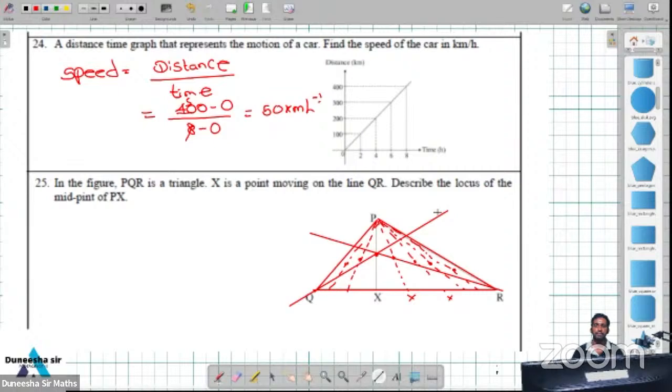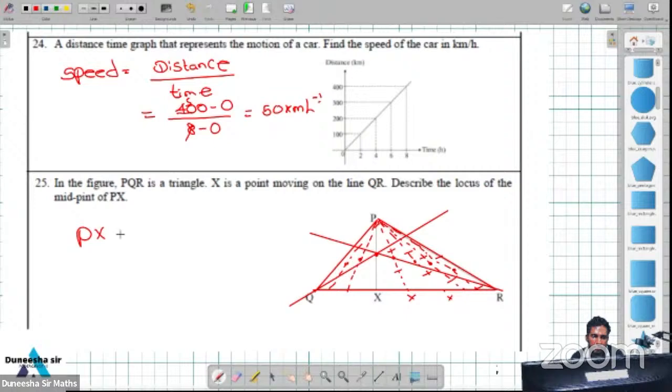The midpoint goes through like this. Midpoints. What is it? Angle bisectors. Then these are at equal distance. Okay. Then the midpoint. What is the locus of PX?